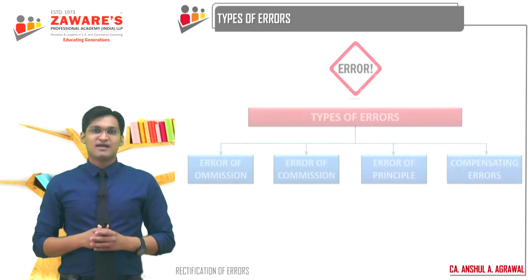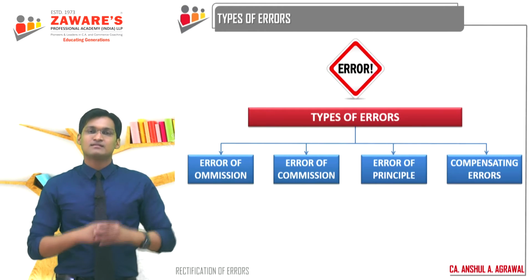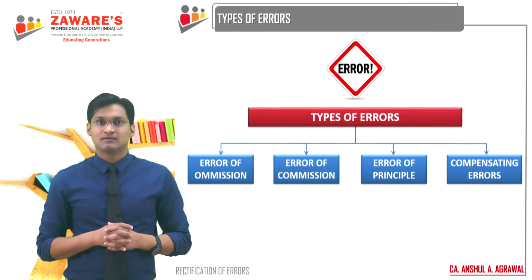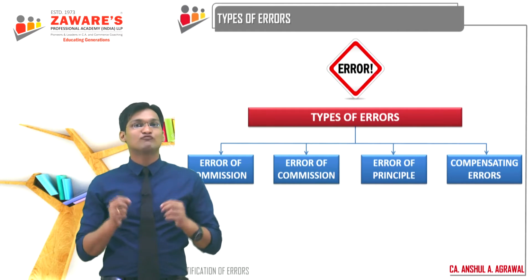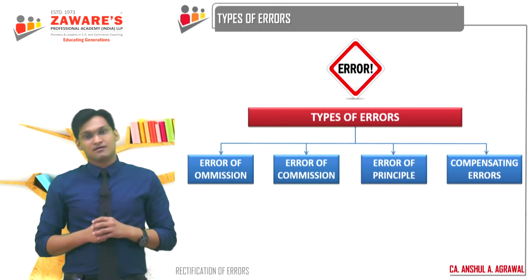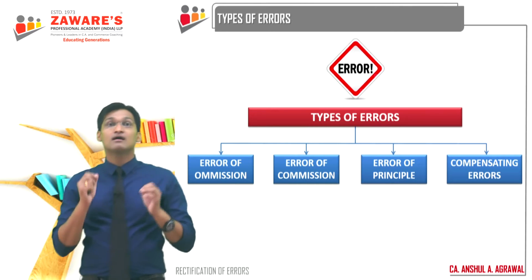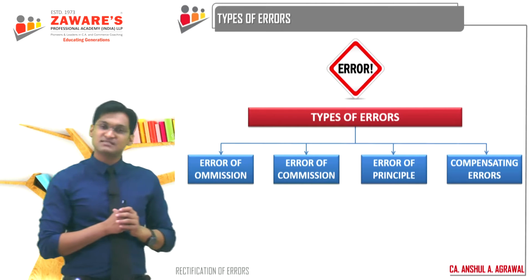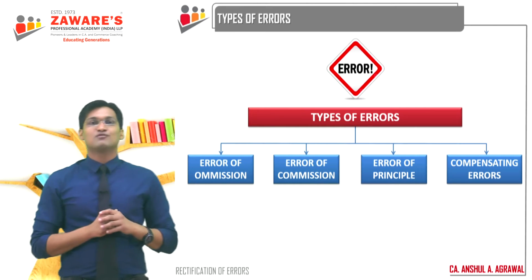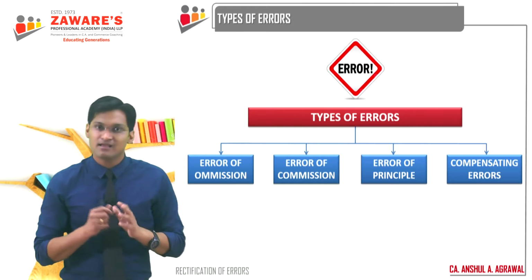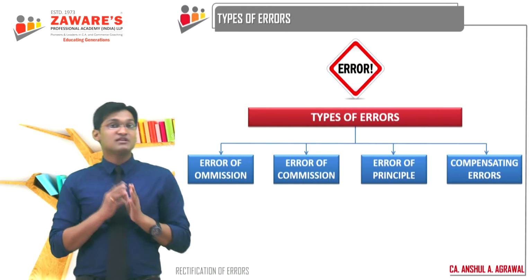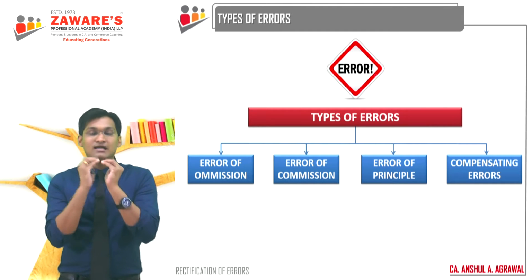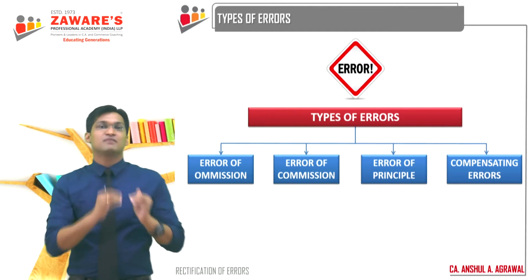Correct? So my dear friends, there are basically four types of errors. Number one, error of omission. Number two, error of commission. Number three, error of principle. And number four is compensating errors. So now please understand, why we are doing this classification is just to understand the types of errors in a better manner.